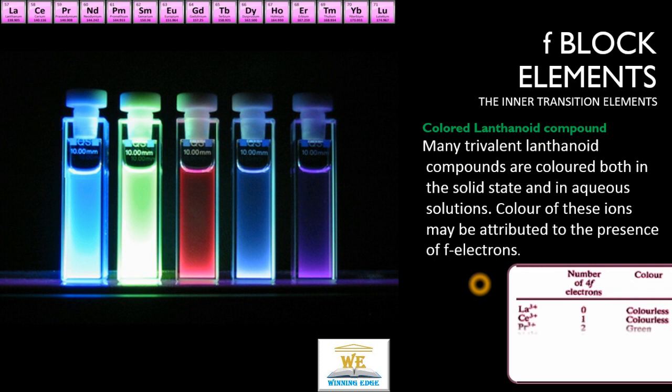Starting with lanthanum, which doesn't have any electron for excitation, it's colorless. Cerium 3 positive with single electron in 4f orbital, it's again colorless. And we see colorful compounds right from praseodymium to gadolinium. Gadolinium is again colorless because in 3 positive oxidation state it has a half-filled electronic configuration, and that provides extra stability, and transitions are not that easy.